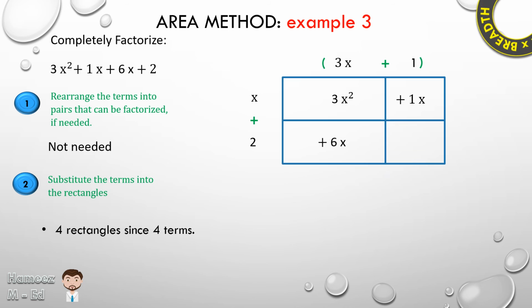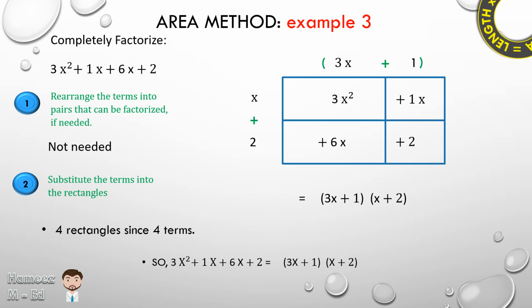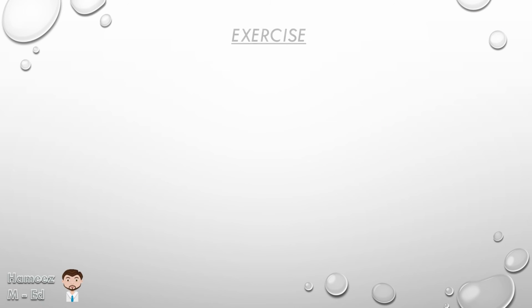And finally, we already have 2 on the length and 1 on the width, and 2 ones are 2, which is the fourth rectangle. Therefore, by completely factorizing these 4 terms, we end up with the product 3x plus 1 by x plus 2. We now have an exercise to factorize these following questions with 4 terms in it.